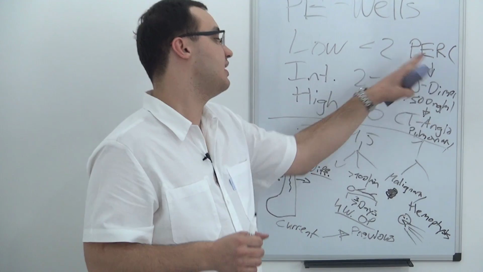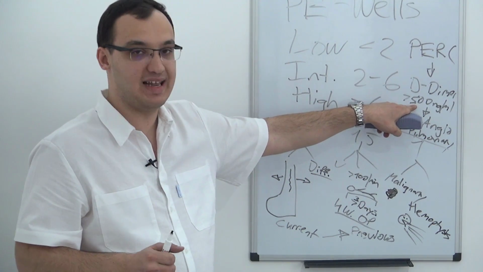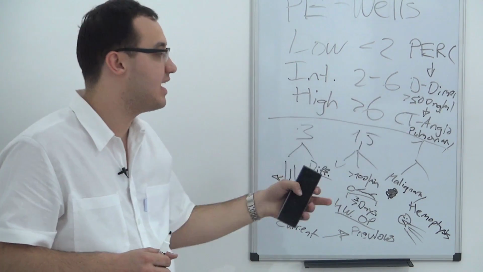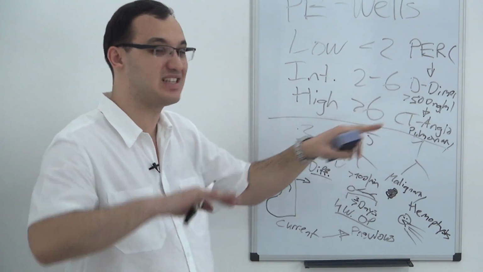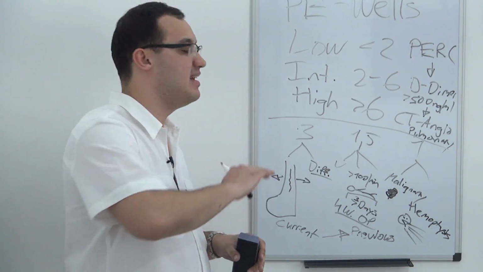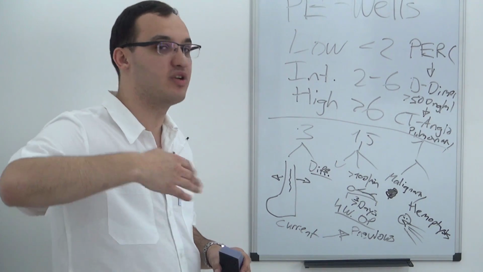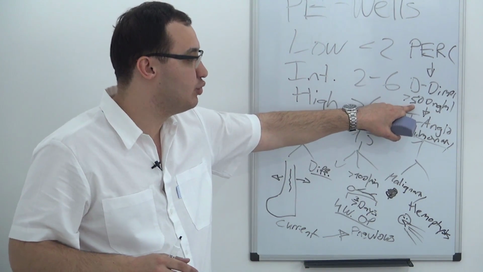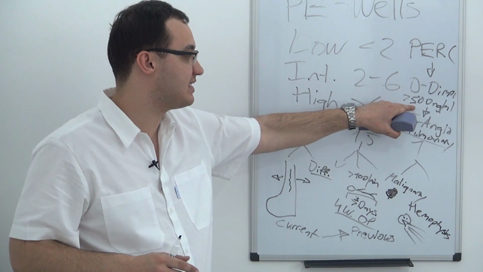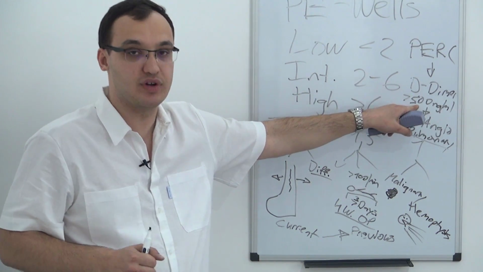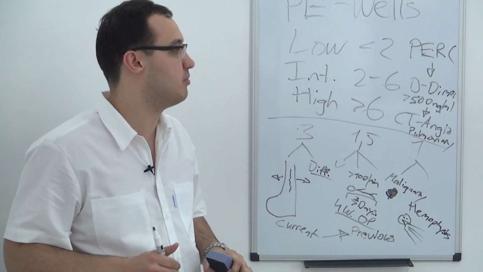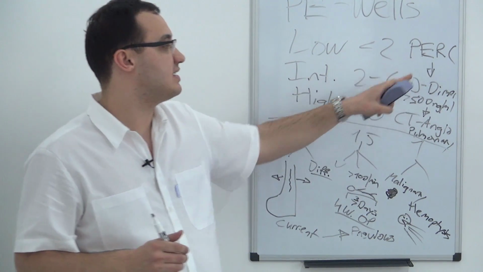When you had a negative D-dimer, let's say the D-dimer is less than 500, then we don't go on with the CT angio, because a negative D-dimer excludes pulmonary embolism in, I don't know how many percent, but it's more than 95%. It's excluded. So if you have a value which is less than 500, then it's probably not pulmonary embolism.